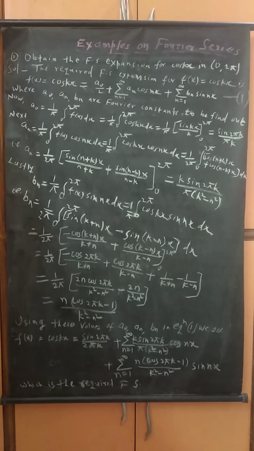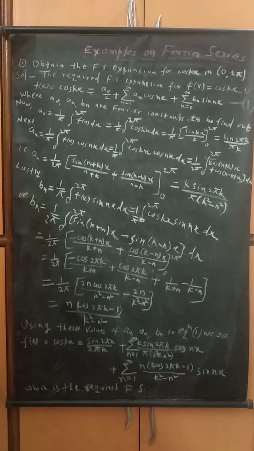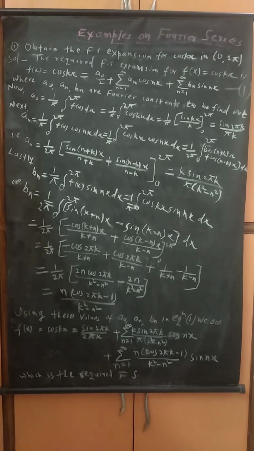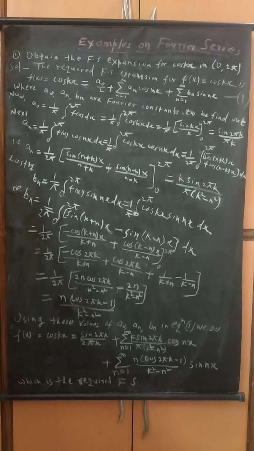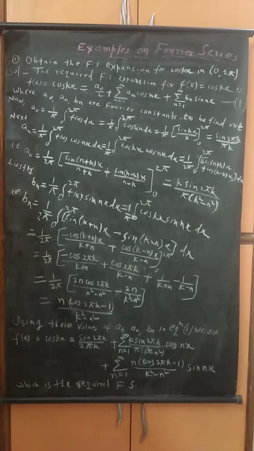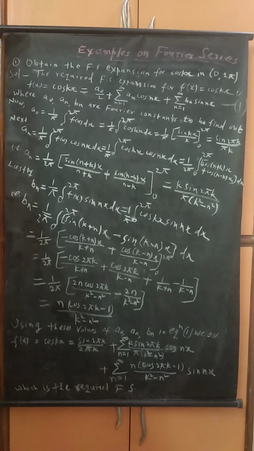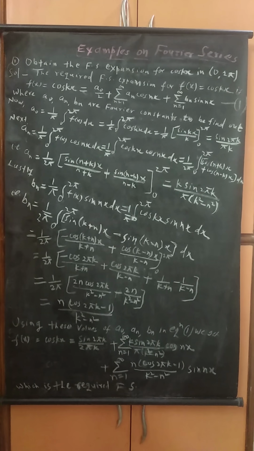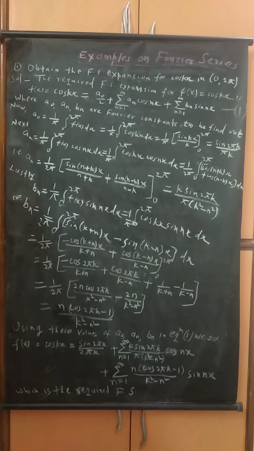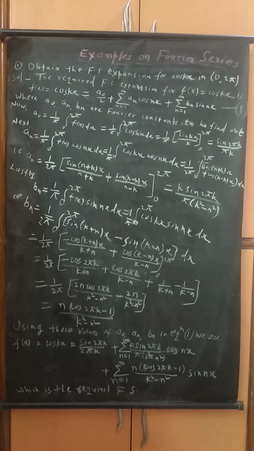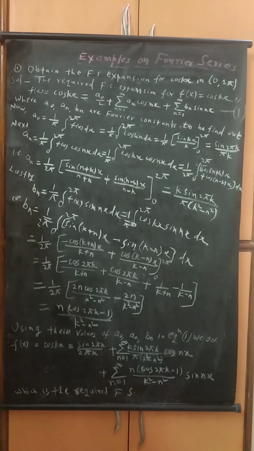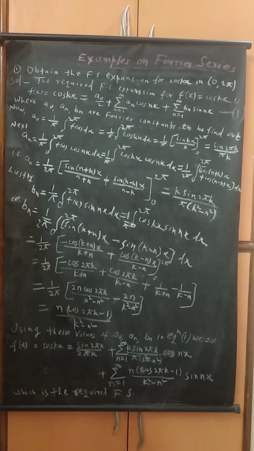As in the definition, the value of an, the second Fourier constant, is given by an equal to 1 upon pi integral 0 to 2 pi f(x) cos nx dx. So that is equal to 1 upon pi integral 0 to 2 pi cos kx cos nx dx.